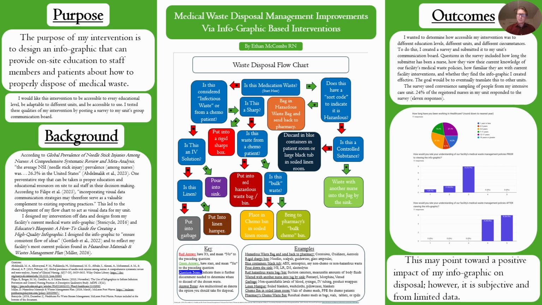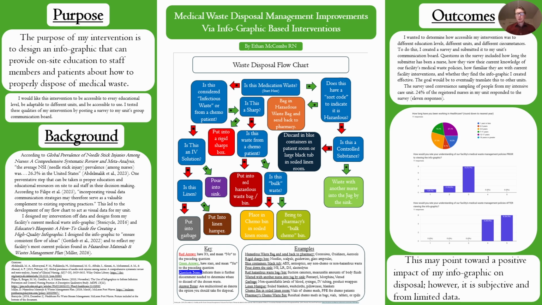The survey used convenience sampling of people from my intensive care unit. 24% of the registered nurses in my unit responded to the survey, a total of 11 nurses. The graphs show that the 24% who did respond were from varying levels of nursing experience and, before viewing my infographic, viewed their understanding of our facility's policies as a 1 to 3, where 1 represents a poor understanding.